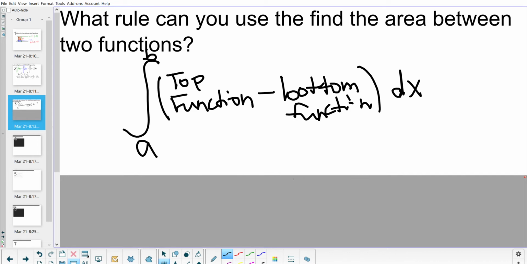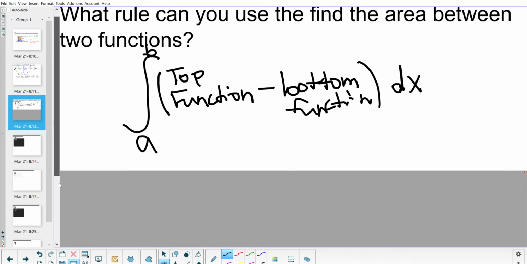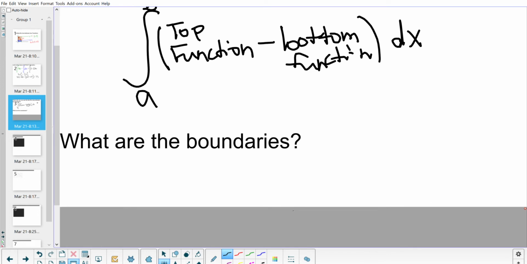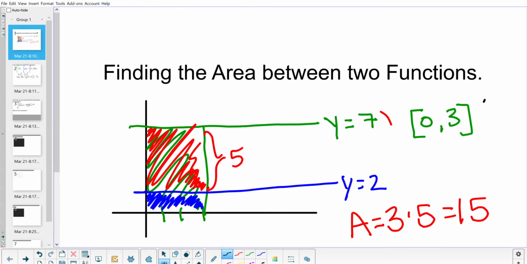But I do want to talk more about those boundaries. Okay, I have this right here. What are those boundaries? They can be a few different things. They could be spelled out in the problem. They could say, like I did on this first problem, I want you to do that from 0 to 3. When they say that, basically that means your boundaries are x equals lines, from x equals 0 to x equals 3.